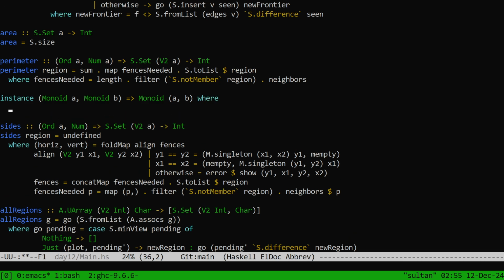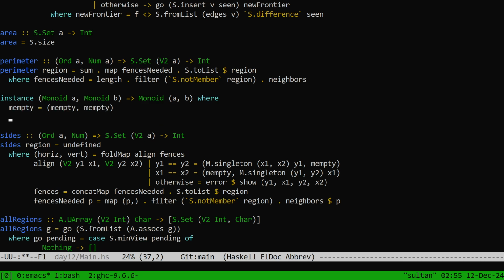You write it like this. There we go. Empty is just empty, and (A, B) combined with (X, Y) is (A, X)... actually it would be much clearer to write it this way: (A<>X, B<>Y). It's to say A joins with X and B joins with Y. So this is how a pair is a monoid.